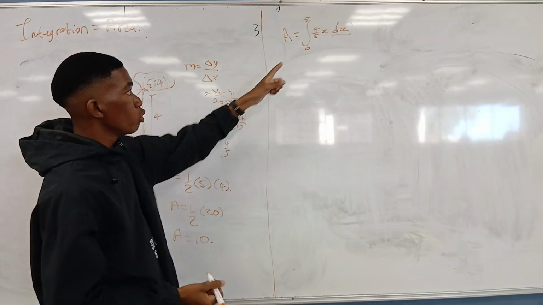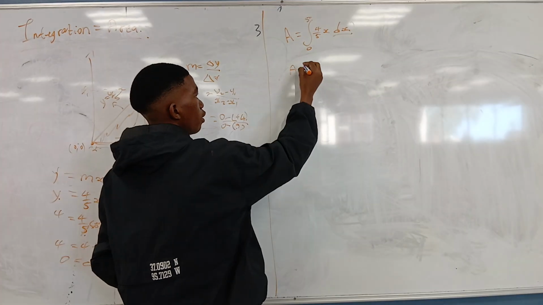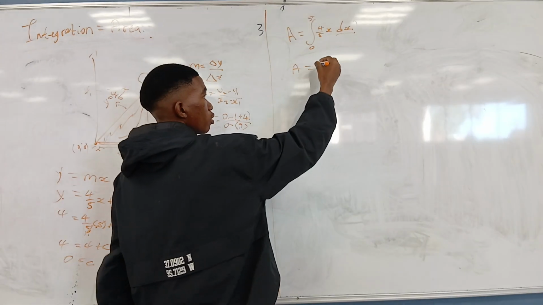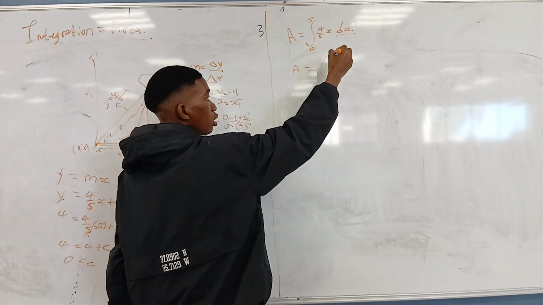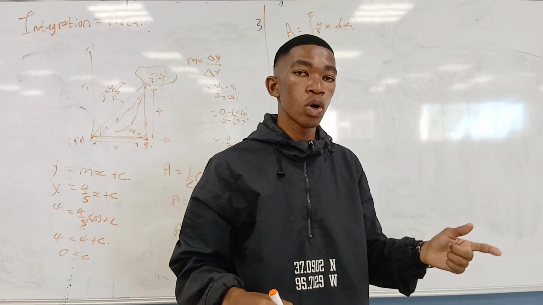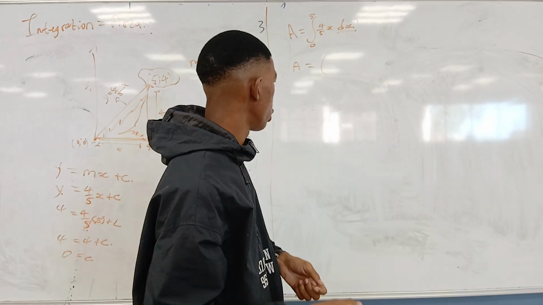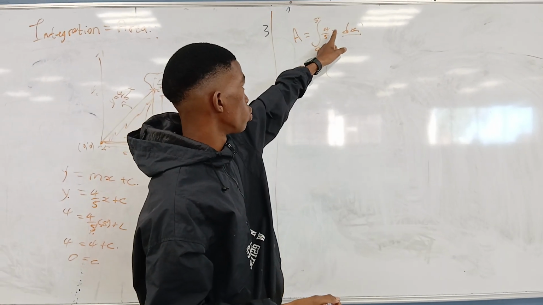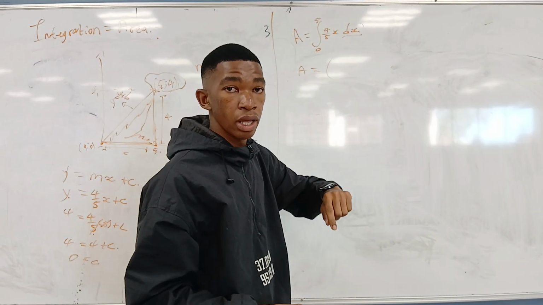Now, we are going to first find the integration of this. Remember, by integration, we need to reverse the power rule of the derivative. So the power rule tells us that you subtract 1 from the exponent of the variable.